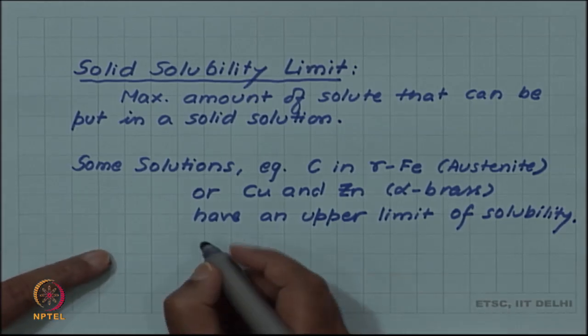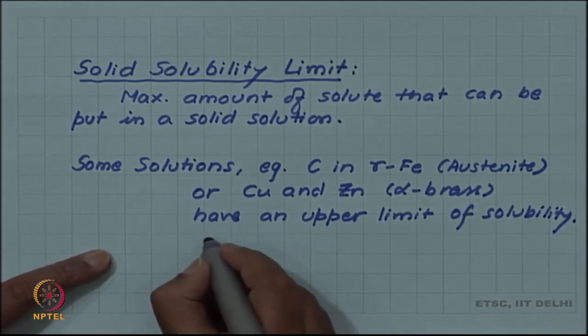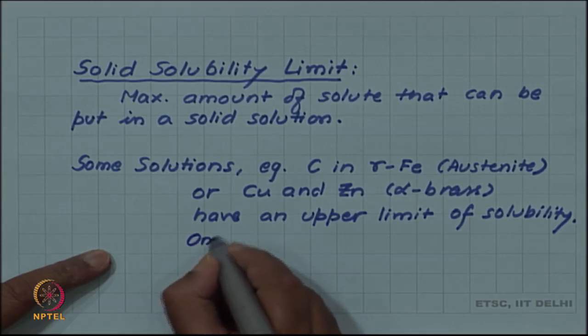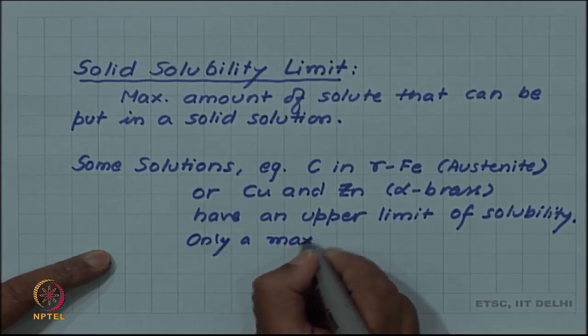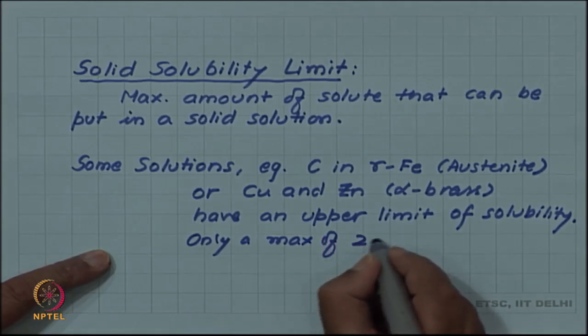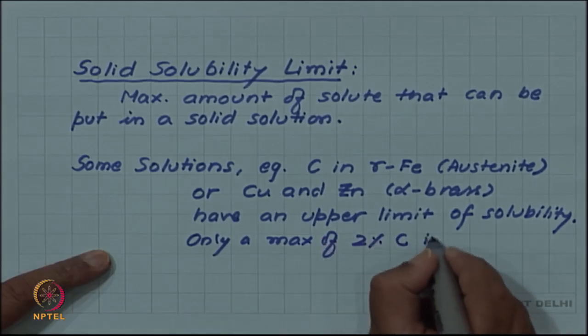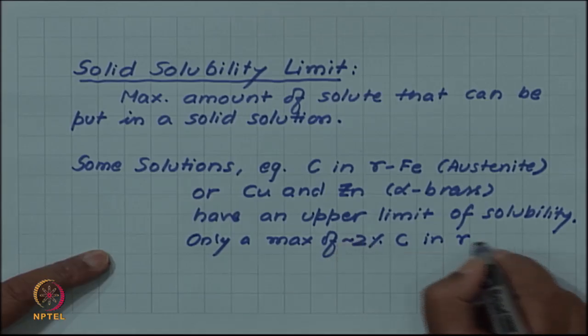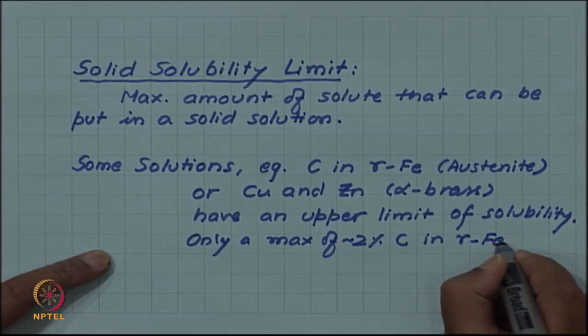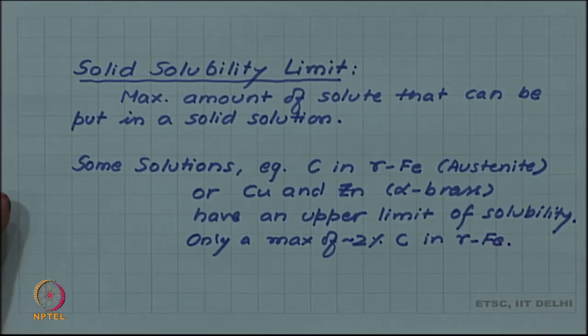So, for example, approximately about 2% carbon can be dissolved in gamma iron.